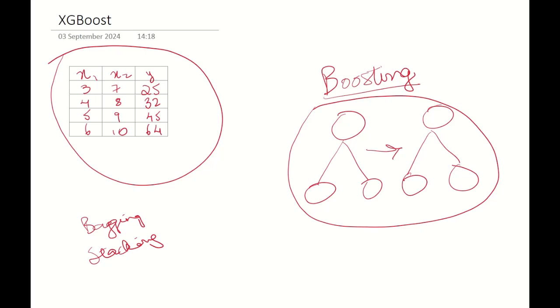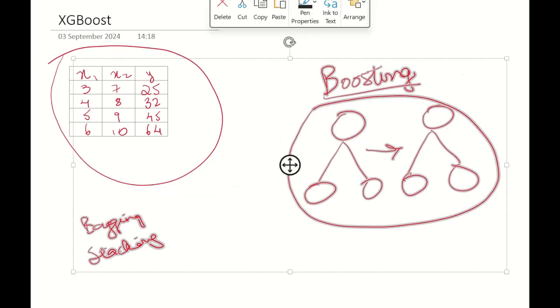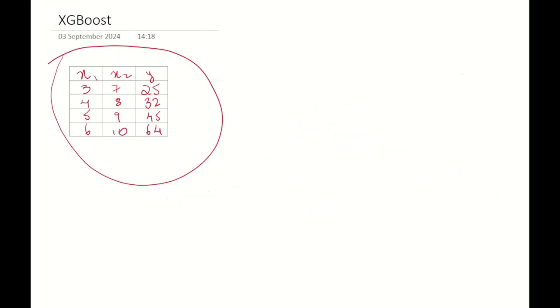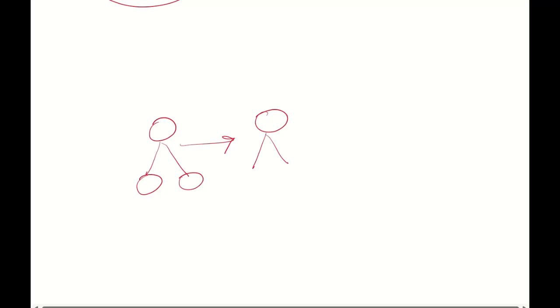Now, what happens in boosting? Like we mentioned before, all of these decision trees that are getting built have to follow two conditions. They are called diversity and acceptability.